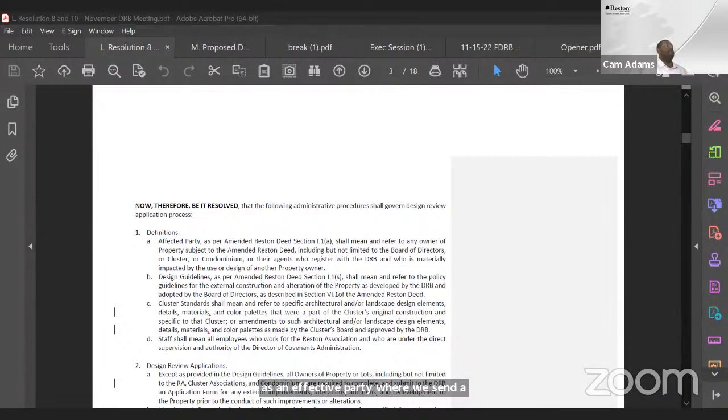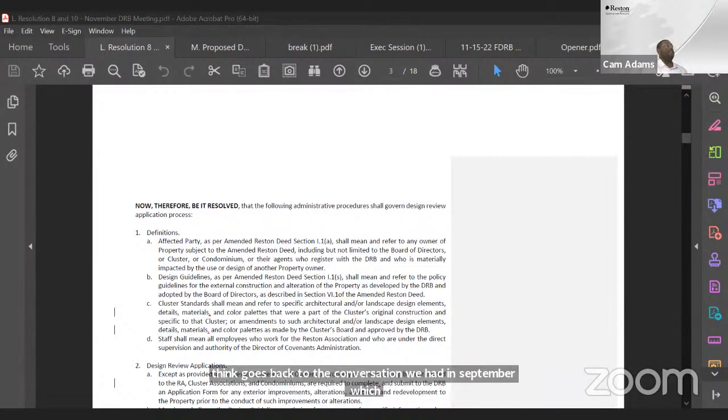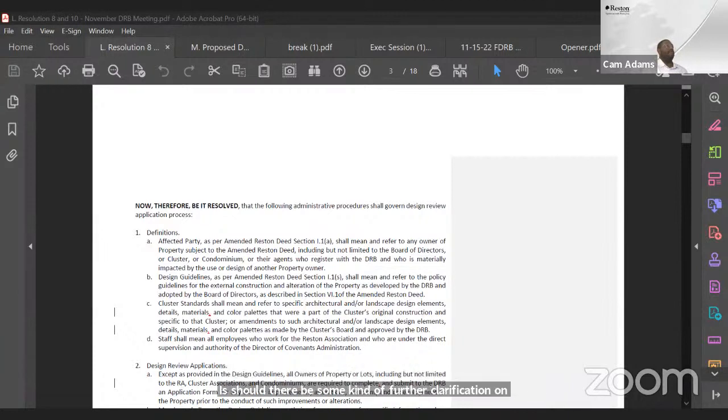I think that goes back to the conversation we had in September, which is, should there be some kind of further clarification on those applications that are, let's say, your Reston Town Center North or your Vantage Hills or your Lake Anne Fellowship House, that may not necessarily have an amendment to Fairfax County or something like that, and might be minor, but may have a possible review of having more affected parties. That might be something that we should consider and think about.